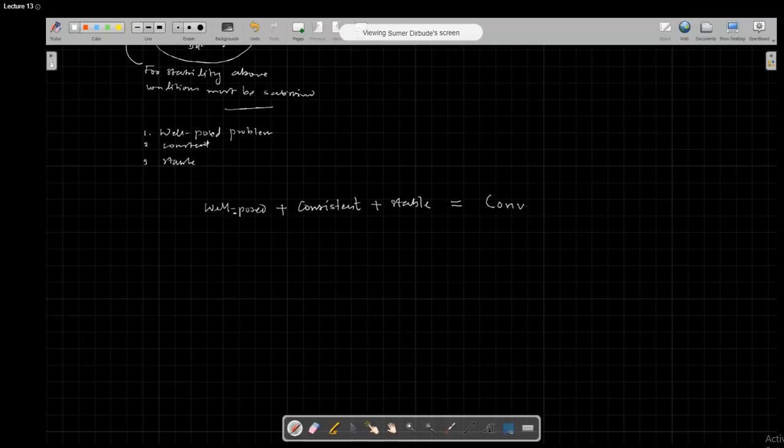Convergence means we get a correct solution. So if these three conditions are satisfied, the problem is well posed, the scheme is consistent, and the scheme is stable, you are going to get a solution.